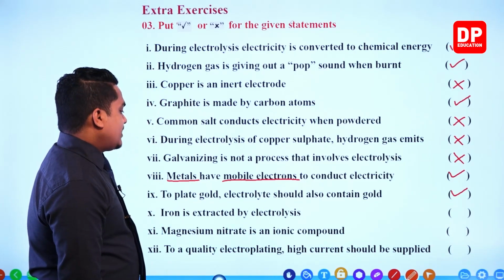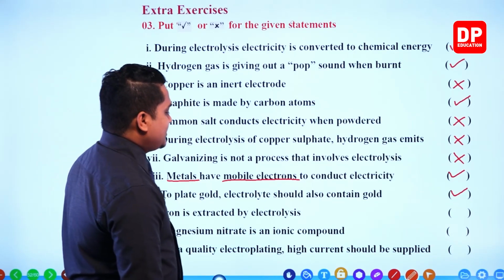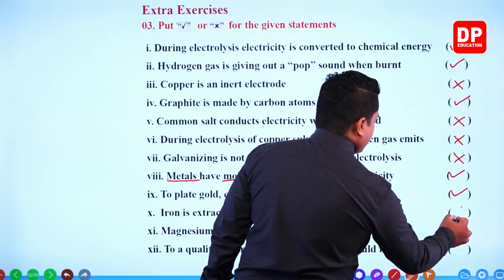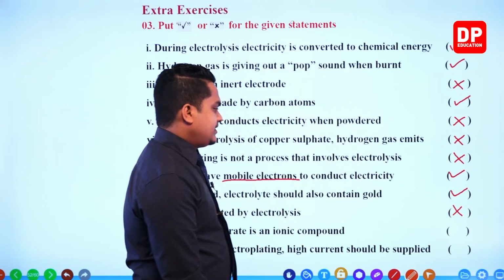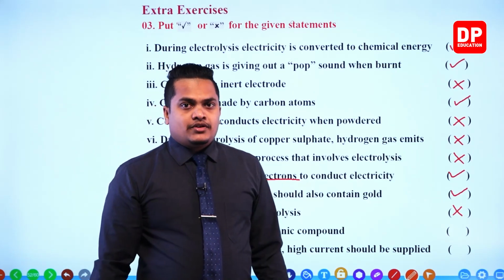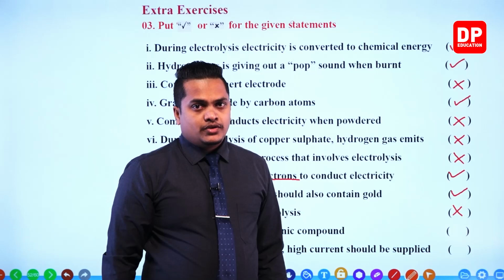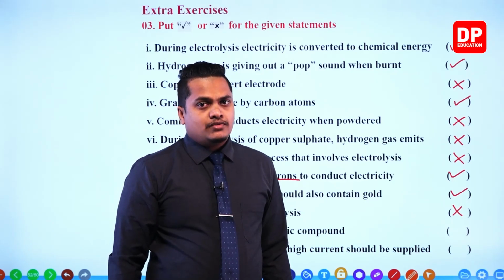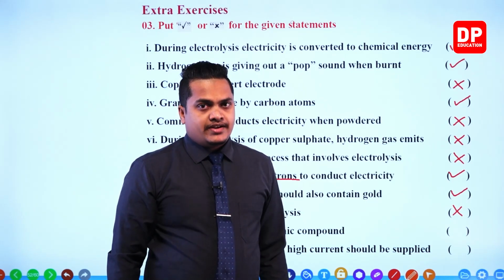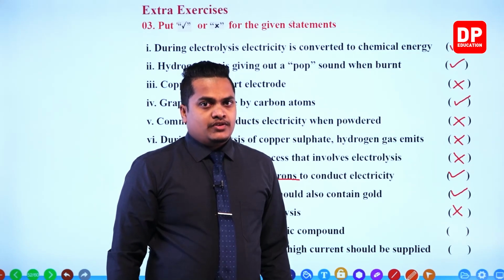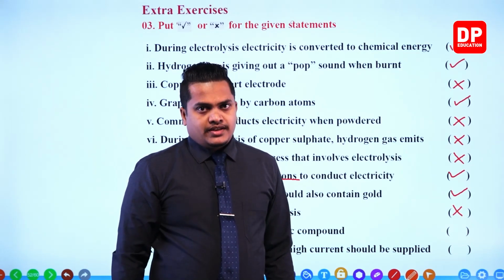Iron is extracted by electrolysis. This is incorrect, my dear children. Iron is not extracted by electrolysis. Iron is not that reactive. So we don't use electrolysis to separate iron from iron ores. We use the method called reduction there.